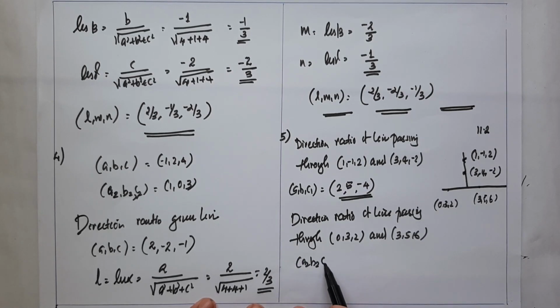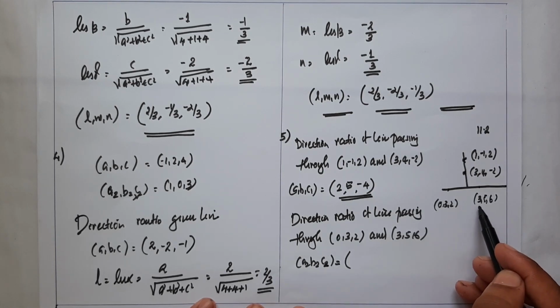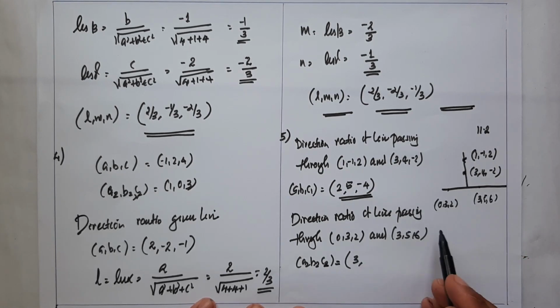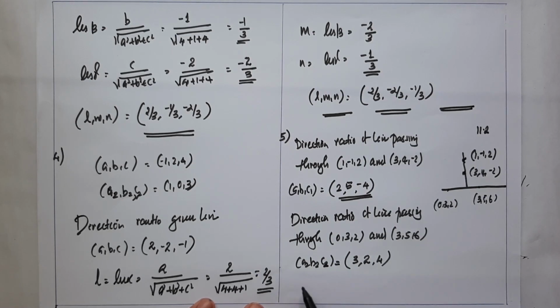Suppose we denote it by a2, b2, c2, and find the differences: 3 minus 0 is 3, 5 minus 3 is 2, 6 minus 2 is 4, which is 3, 2, 4. Now we find a1 a2 plus b1 b2 plus c1 c2, which is 2 into 3, that is 6, 5 into 2, that is 10, minus 4 into 4, that is minus 16, equal to 0.